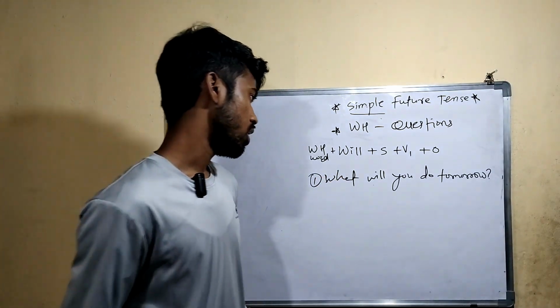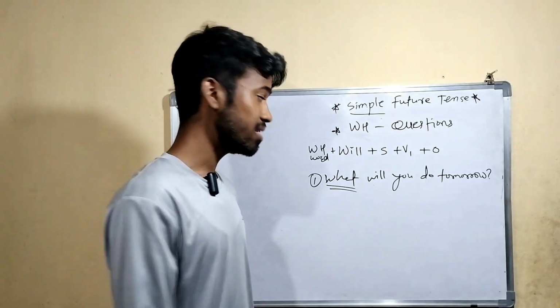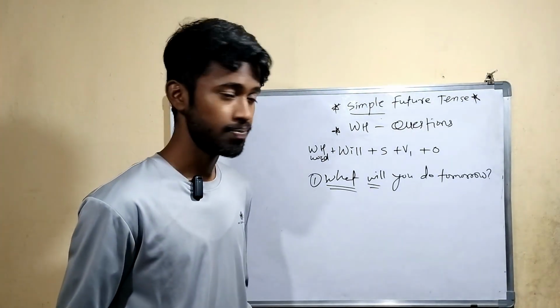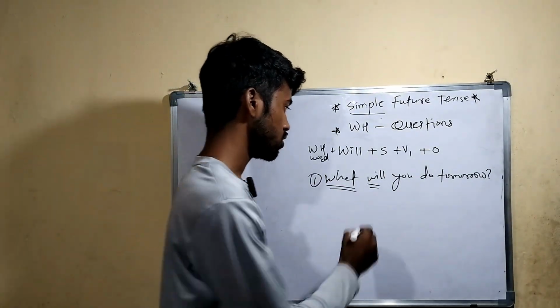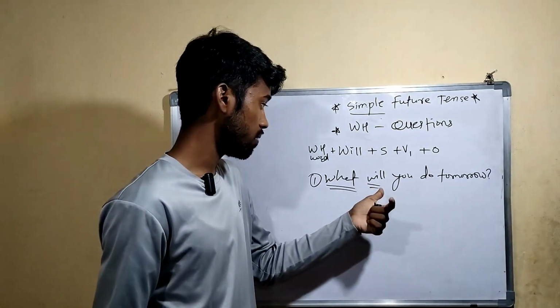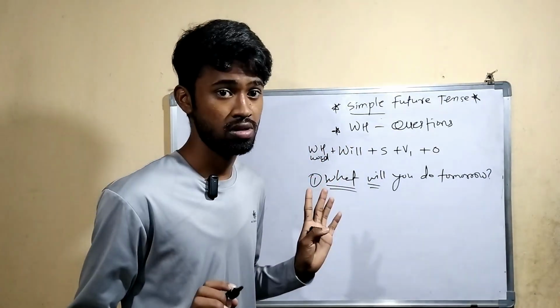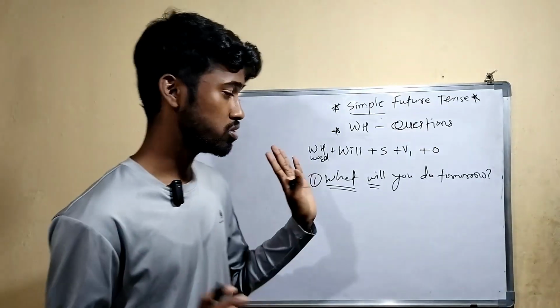Always I am telling you, whenever you are taking WH question, it must be followed by the helping verb in that sentence. Okay. Let's say here what is the WH word, right? So will must come after this WH word. Then only it is a WH question. If you are writing will here and there, it will not become the WH question.